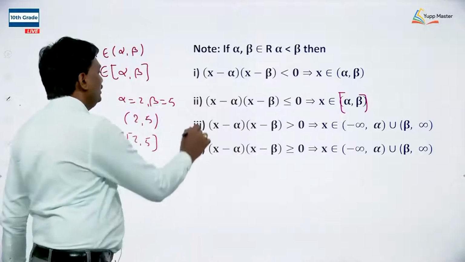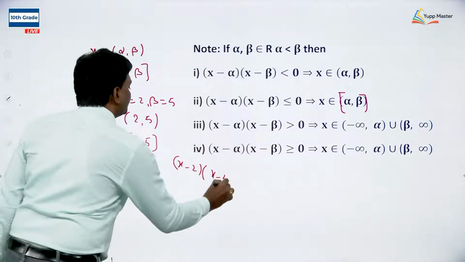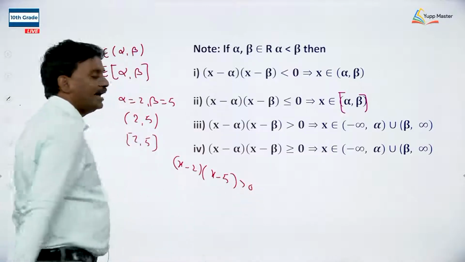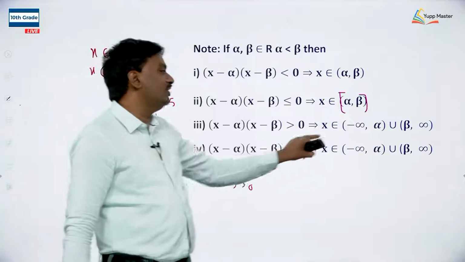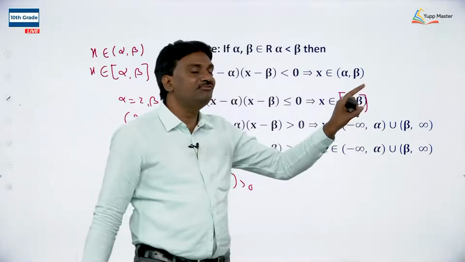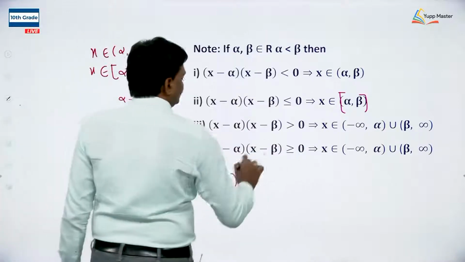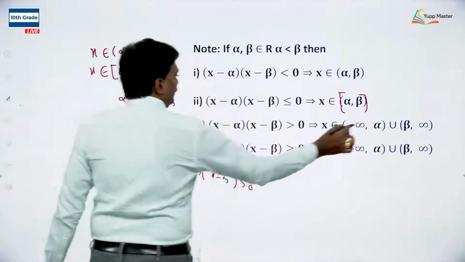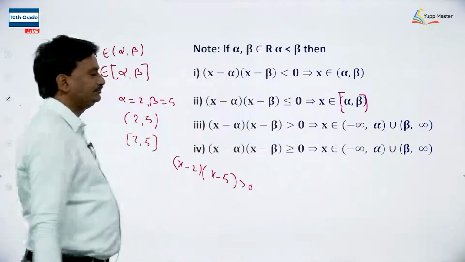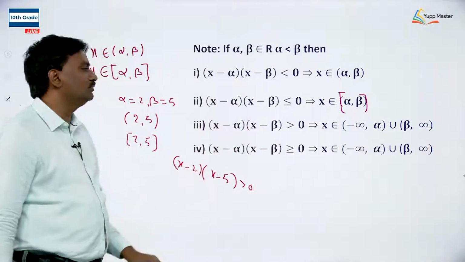For example, if we have (x minus 2)(x minus 5) greater than 0, this is true only when the values of x lie between minus infinity comma alpha or beta comma infinity. Comparing, in place of alpha we have 2 and in place of beta we have 5.